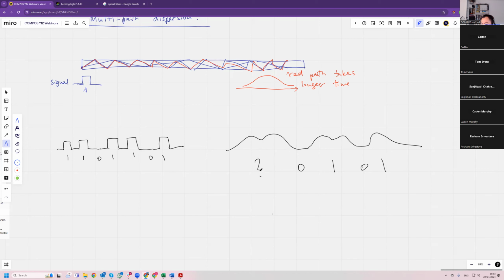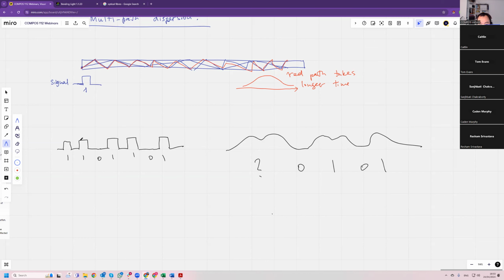Basically these 1s and 0s will squash together, and you'll get noise there, and the computer will make mistakes. Where you're expecting 0s, it will bring 1s, and vice versa.